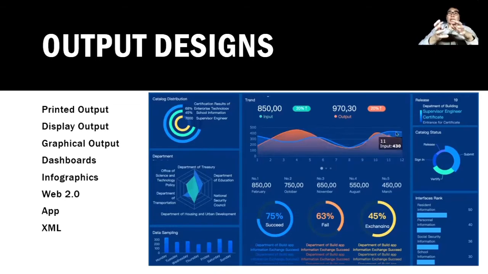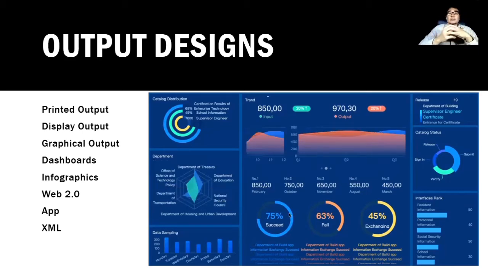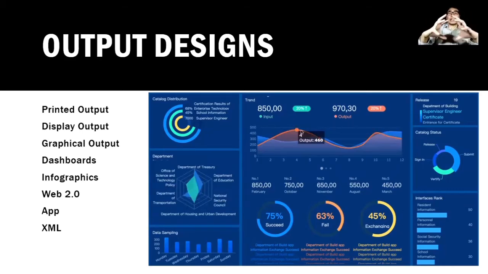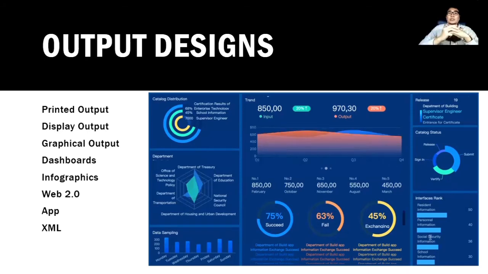And it will indicate the status of the key performance indicators of the company itself, just like a fuel indicator, when we want to refuel our gas, we can see it from the fuel indicator. This kind of output design is usually intended for top level management.